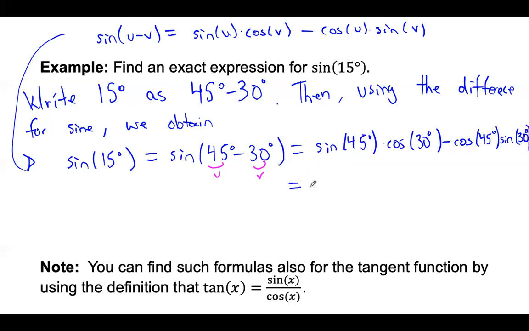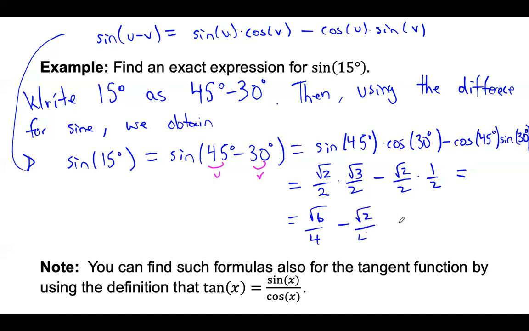Now we know the sine of 45. Again, it's square root of 2 divided by 2. Cos of 30 is square root of 3 divided by 2 minus cos of 45. We know it's square root of 2 divided by 2. Sine of 30, 1 over 2. And we can compute these and simplify.